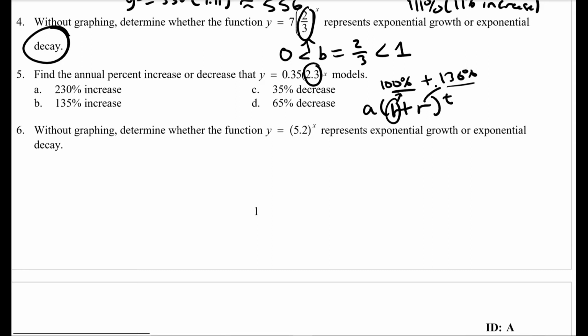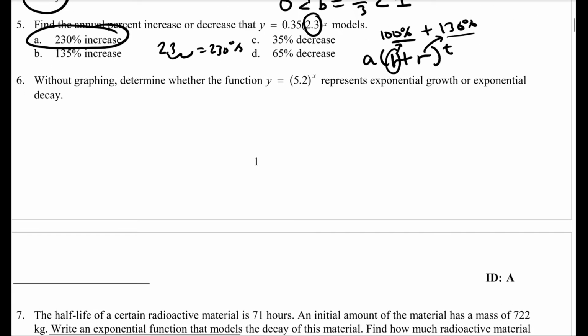The R stands for the original percent. So basically the growth rate is 130%. And if you add that to 100, that makes 230%. So basically convert the 2.3 over to a percent. And that will give you a 230% increase from the original.